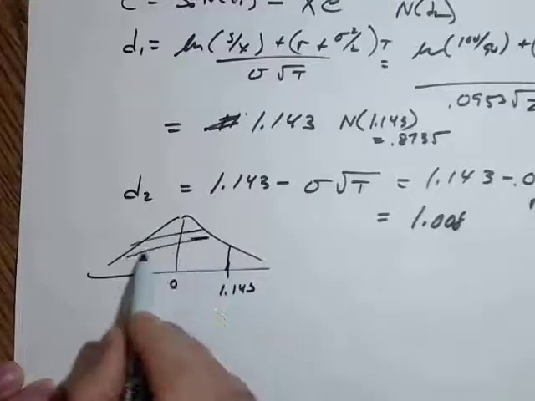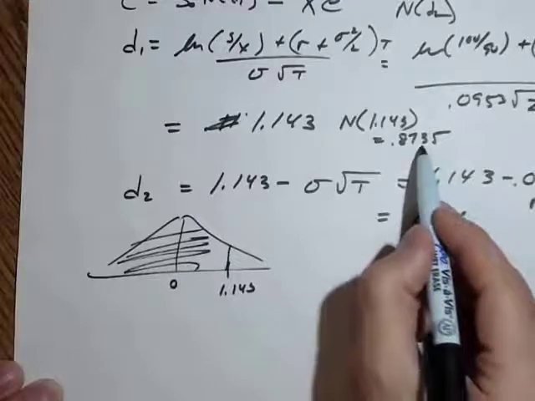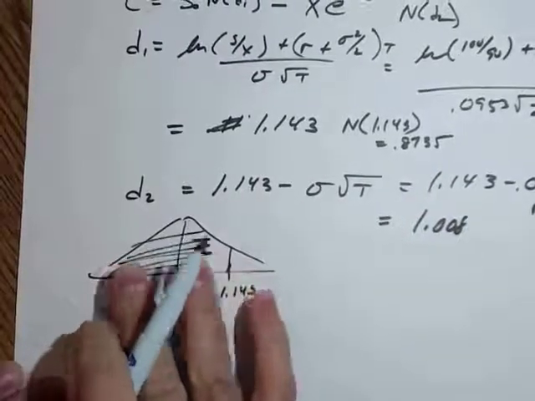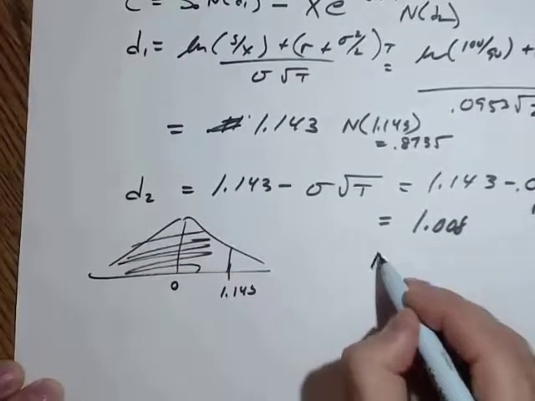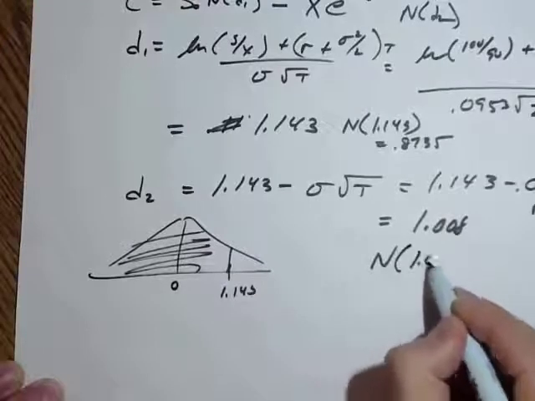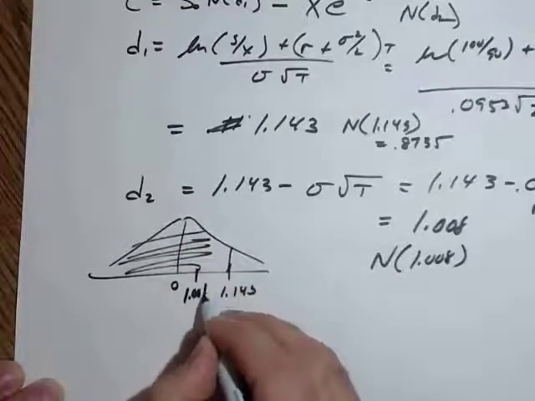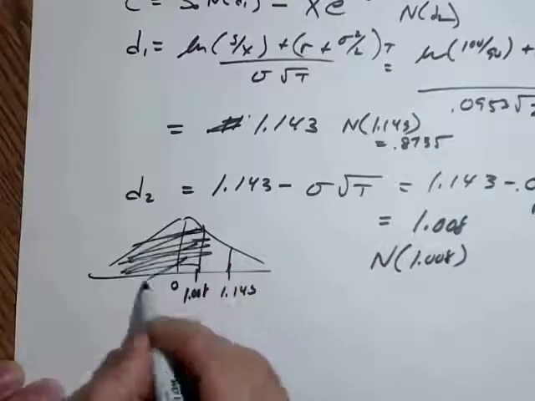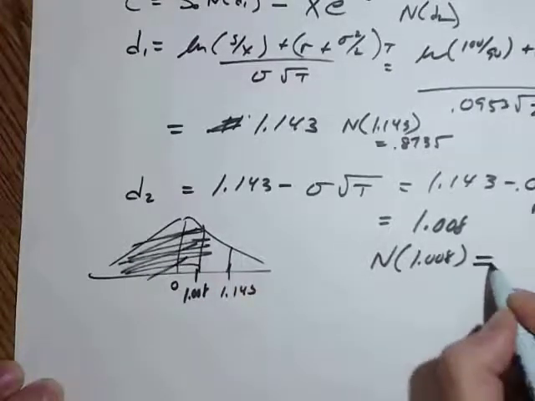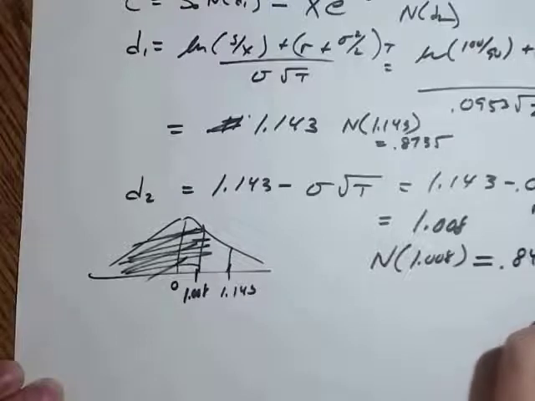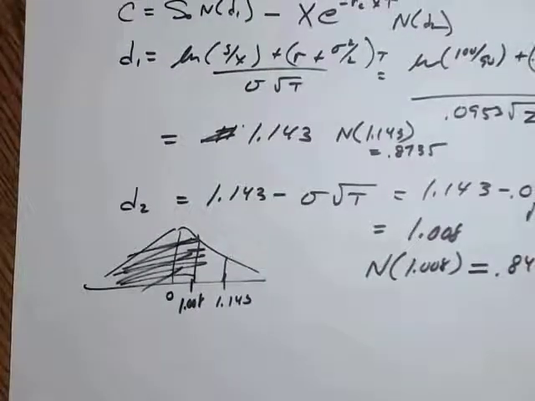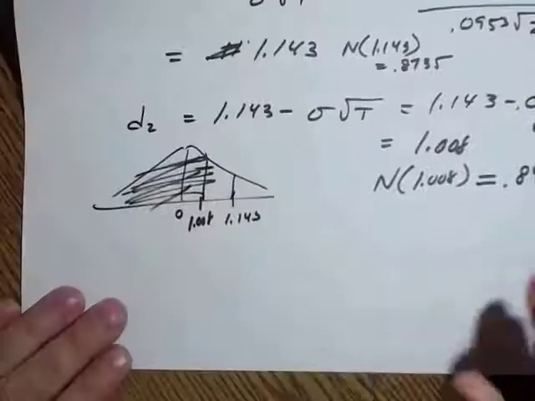This area cumulatively to the left is 87% of this distribution. And when we figure out N(d2), so we're a little bit further here, 1.008, what is the area to the left? That is 0.8433.